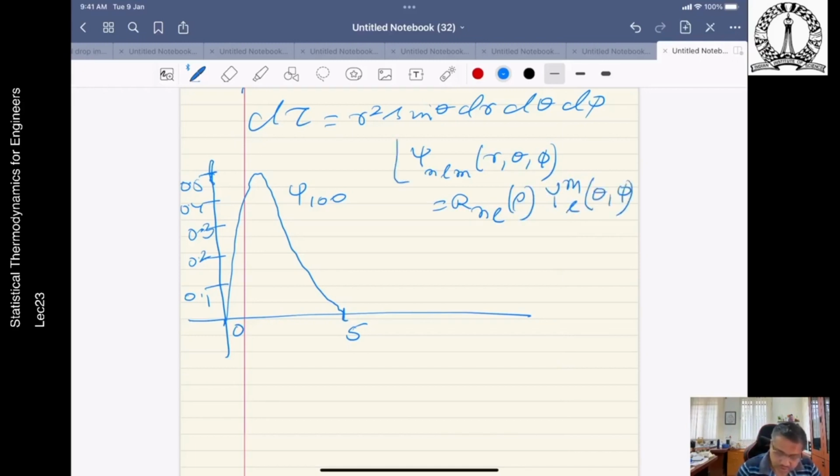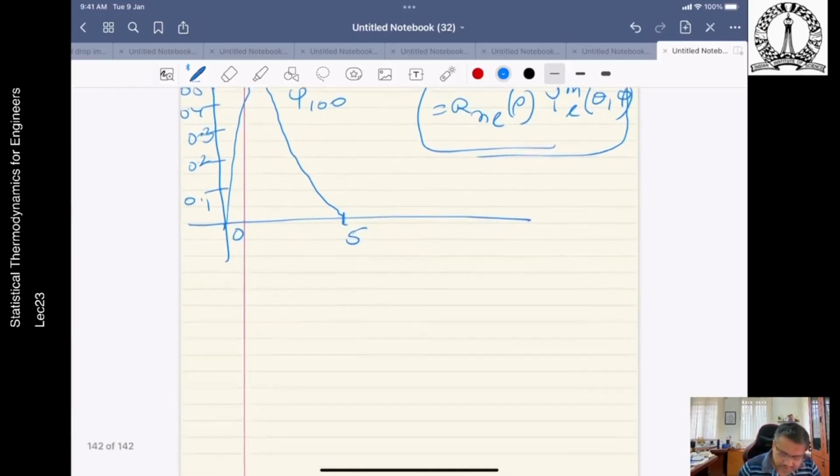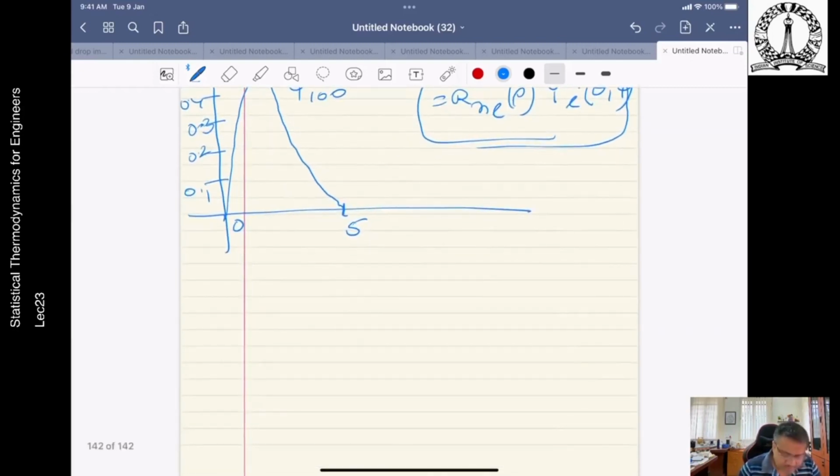This was the total solution, with respect to n equal to 1, l equal to 0, m equal to 0. That is the first cloud. Now similarly, we can draw a second one, just to give a pictorial feel of the whole thing.